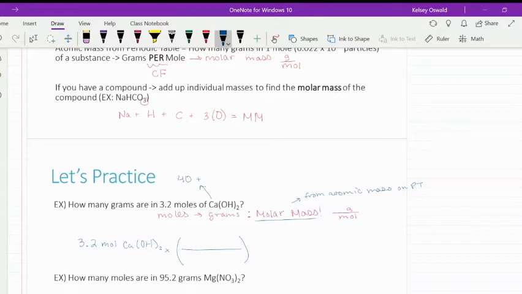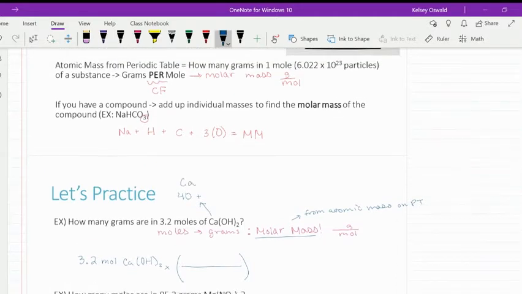Plus, if we look here, we have 2 OHs. So that means in calcium hydroxide, I'm going to have 2 oxygen atoms and 2 hydrogen atoms. So when I find the atomic mass of each of those on the periodic table, I'm going to have to multiply each by 2.